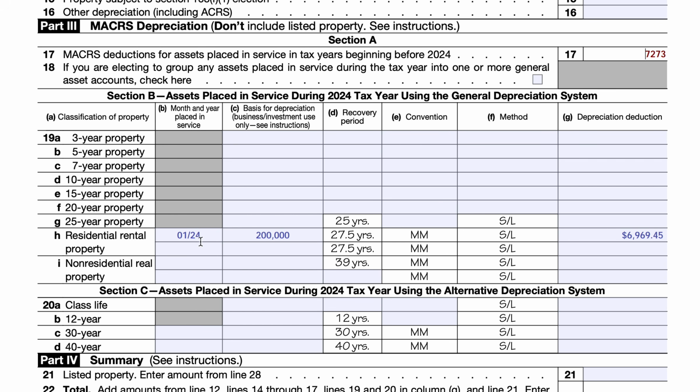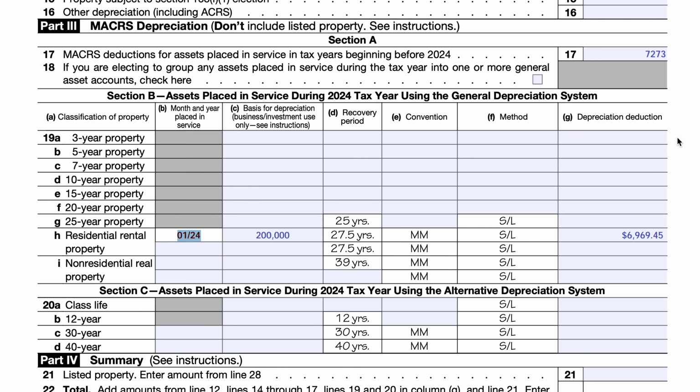In this hypothetical scenario, let's imagine we put the property into service at the beginning of the year, January 2024. We've got our basis of $200,000. Now we can't take the entire 7,273. We can only take part of it because the mid-month convention applies.